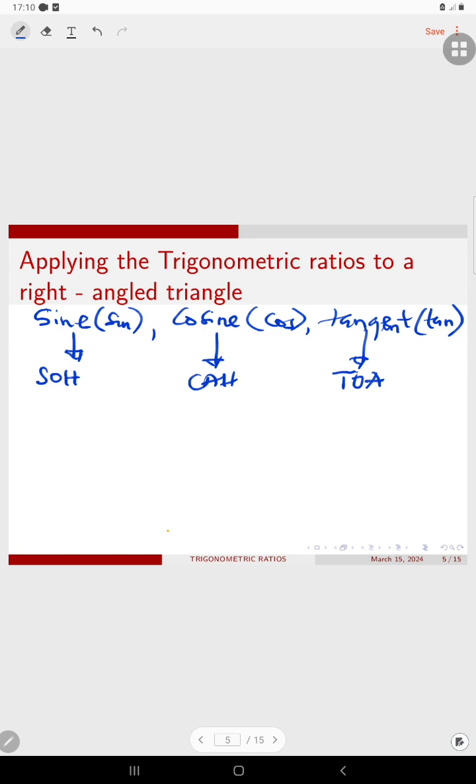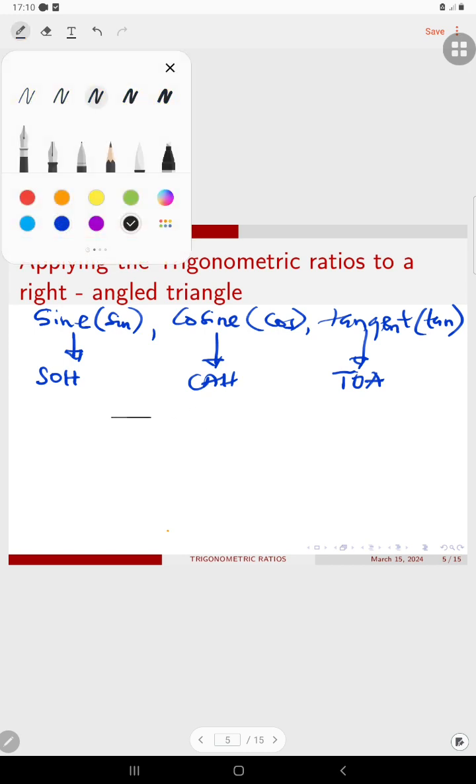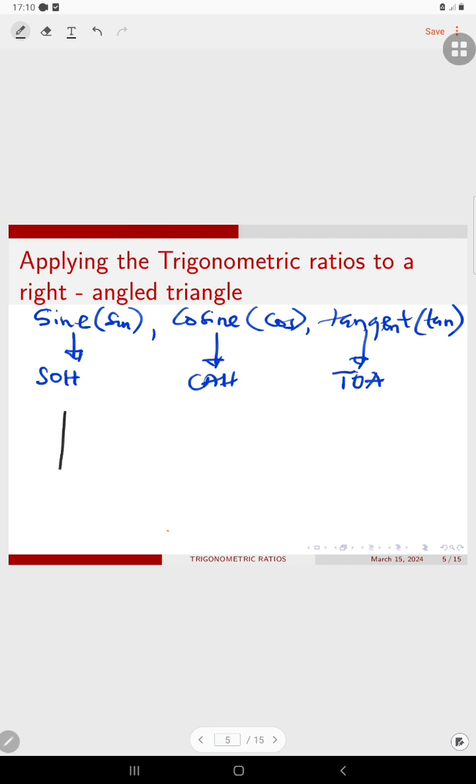So what does it mean? For example, if I have a right angle triangle, let me draw it first.